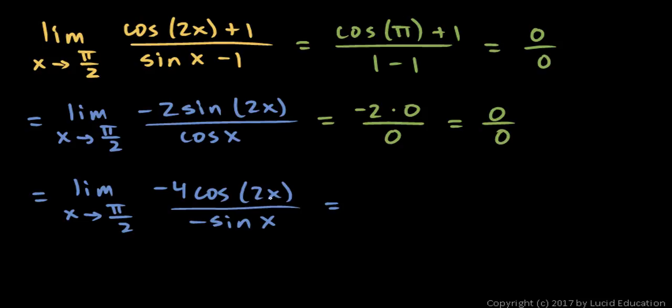So 2 times pi over 2 is pi. So this is cosine of pi, which is negative 1. So we have negative 4 times negative 1 over negative sine of pi over 2, which is negative 1. So this is negative 4. So again, sometimes we have to apply L'Hopital's rule more than once.